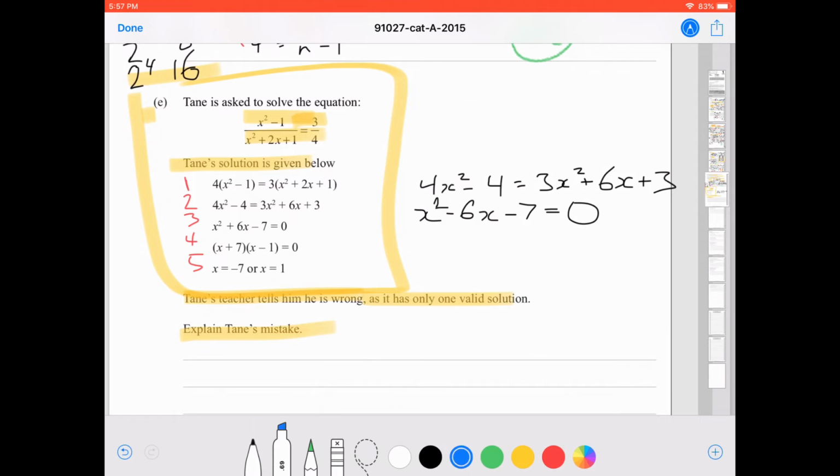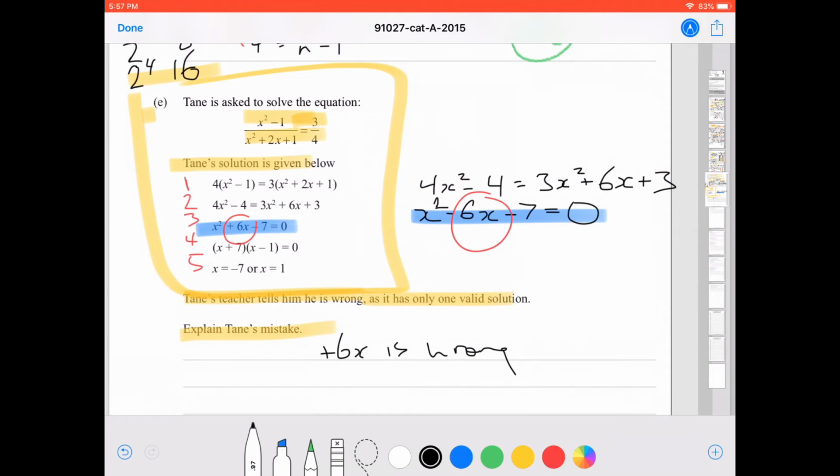And so if we compare our two equations here, the difference is, of course, this positive 6x. And so we can say positive 6x is wrong, or incorrect, or whatever you want to say. It should be negative 6x.